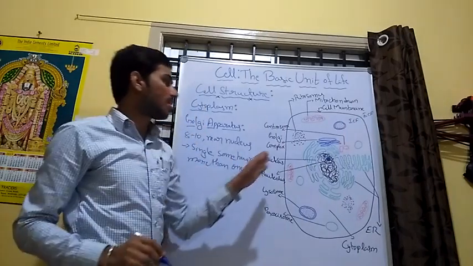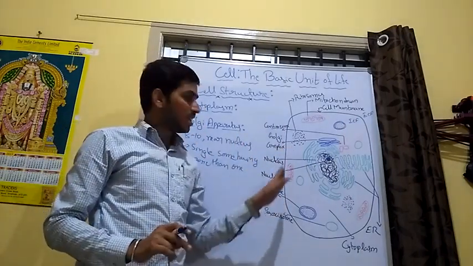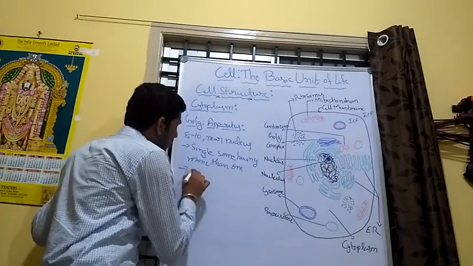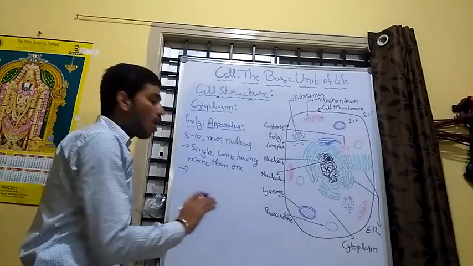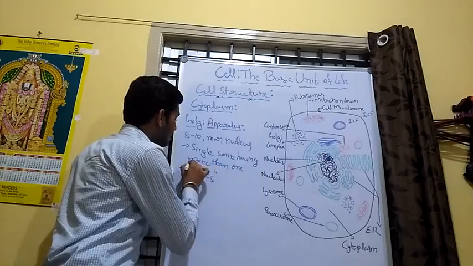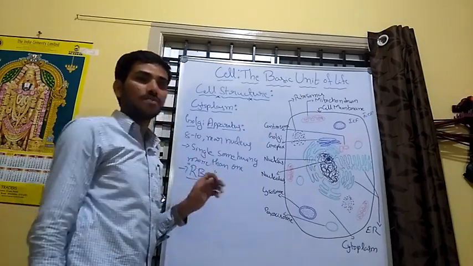Also, the Golgi apparatus is absent in RBCs. Red blood cells lack a Golgi apparatus.